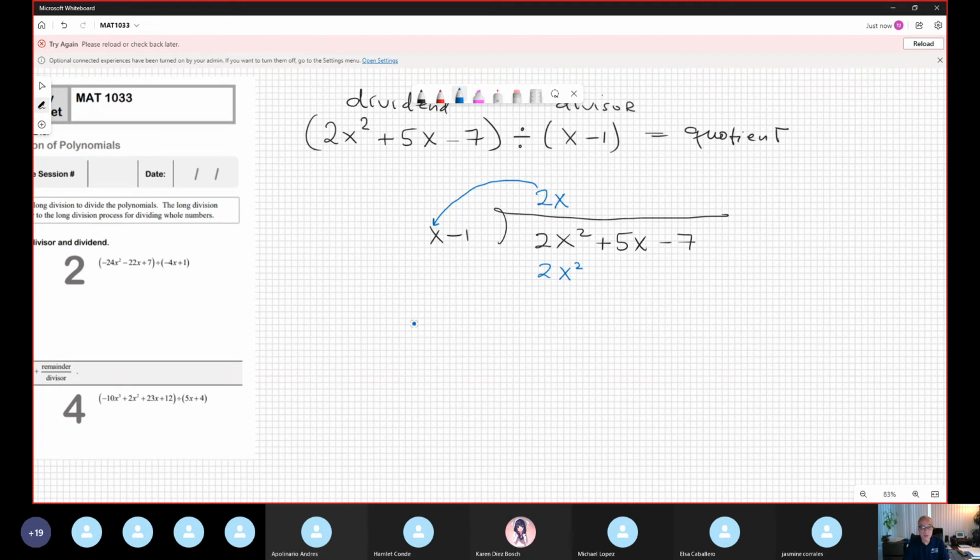And multiplication 2x times minus 1 is minus 2x. Do I finish? No. Be careful, because I need to subtract, and when subtracting, you change the sign. Bang, bang. This is important.